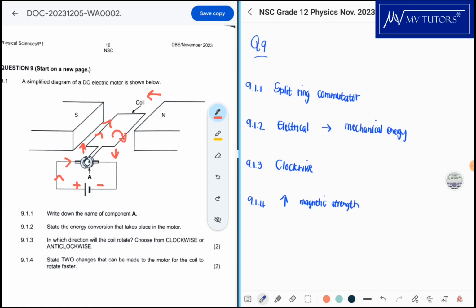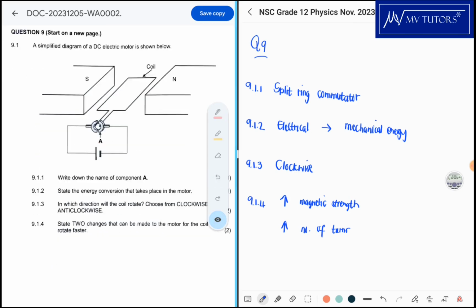Or what you can do is increase the number of turns, double it, triple it, whatever. But yeah, you can increase the number of turns. Okay, and the coil will rotate faster. Okay, you can also increase the strength of the current as well. All right, so yeah, increase the speed, whatever, but they wanted two, so that will do. So that is question 9.1.